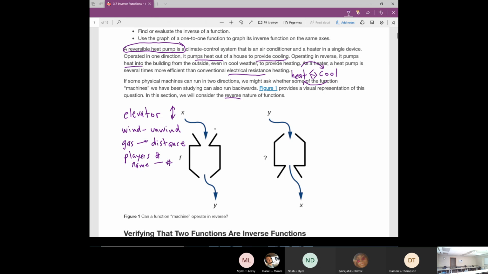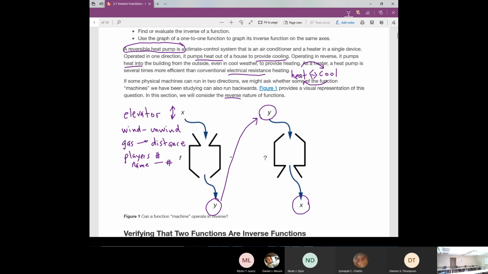There are mechanical type things, like the heat pump, and you think of it visually as input x into a function that produces an output y. Well, if there's another function that does just the inverse of what this function was doing, and I fed that output y into this function, I would get x back.